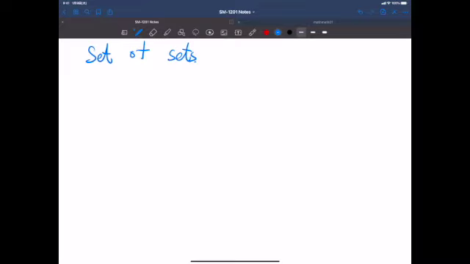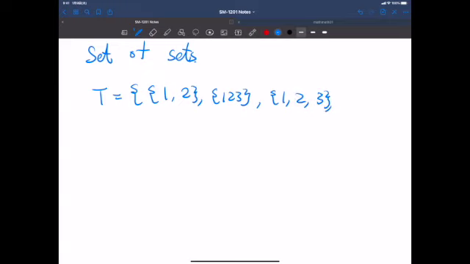We can also define sets of sets, or a set that contains other sets. For example, suppose T is a set containing this: {1,2}, {123}, {1,2,3}, 1, 2, 3.